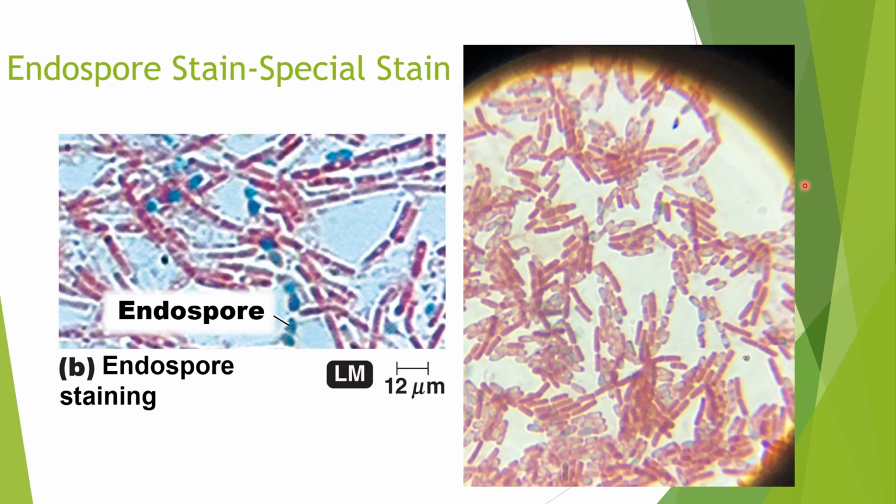So that's a special stain, and you can see the spores inside of the bacteria. And by the way, these spores eventually are going to be released. So if you also see spores on their own, not inside of the bacteria, that's absolutely normal as well.